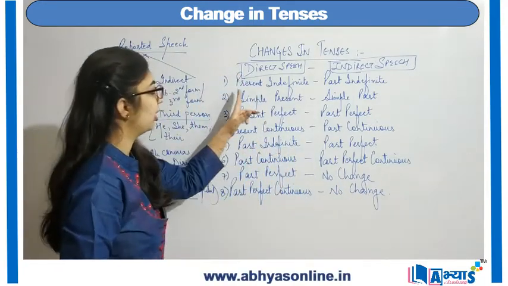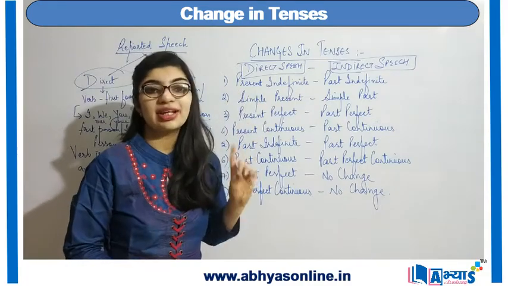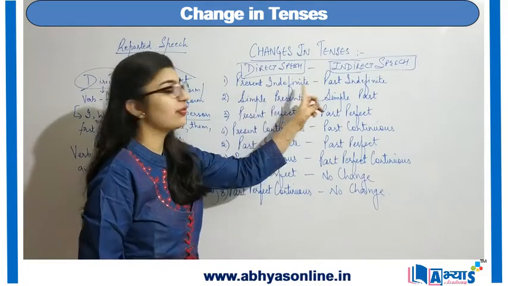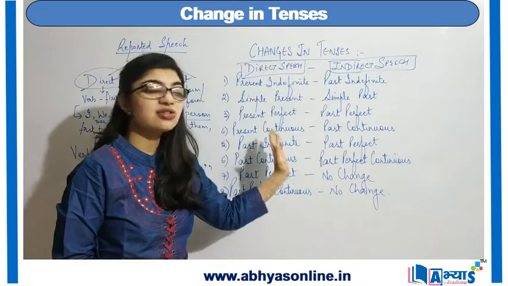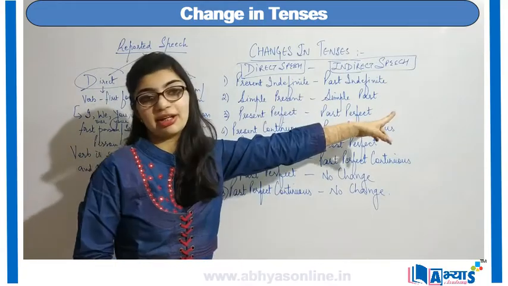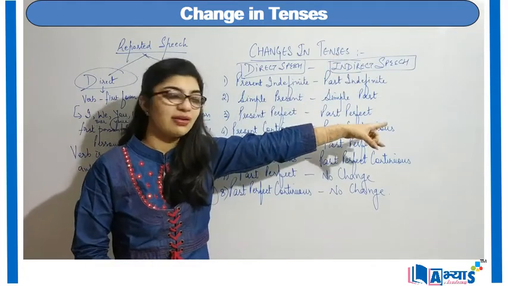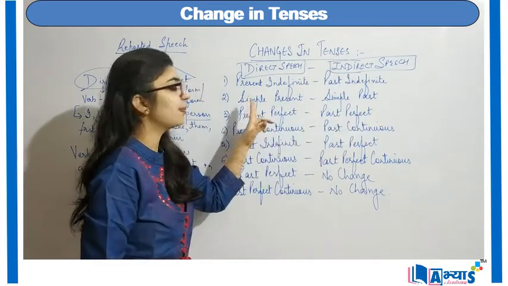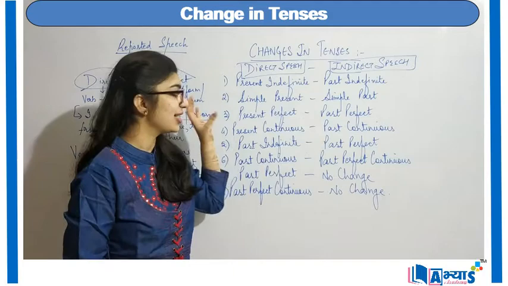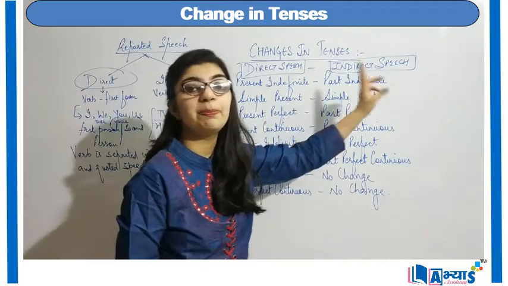For example, if we are talking about a sentence which is in present indefinite form, the tense will change to past indefinite while converting a direct sentence into indirect. Similarly, a simple present tense sentence will change to simple past.